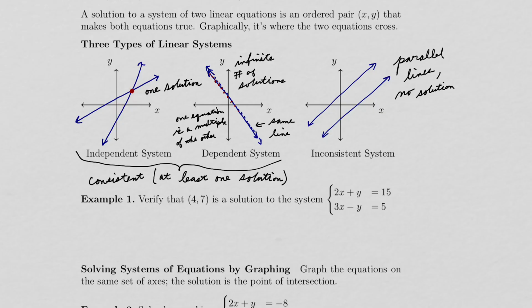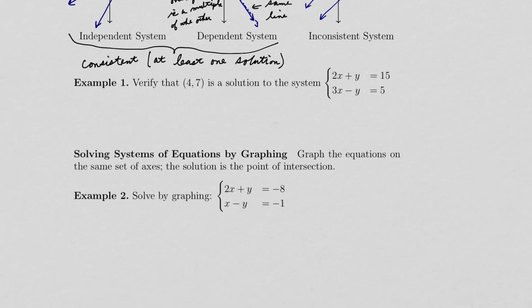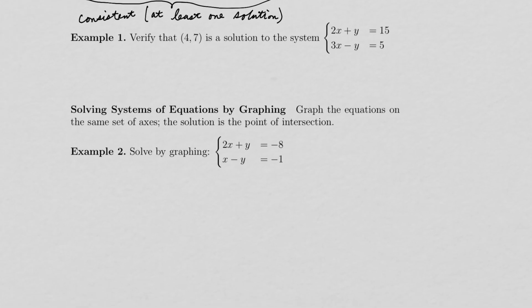Okay, so actually let's start off with an easy example. Let's say I want to just verify that a particular ordered pair is a solution to a system. So in this example one, I want to verify that the ordered pair, the point 4, 7, is a solution to that system of two linear equations.